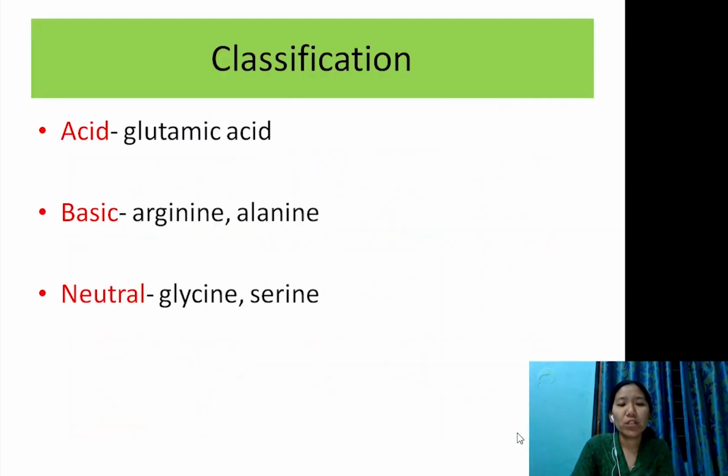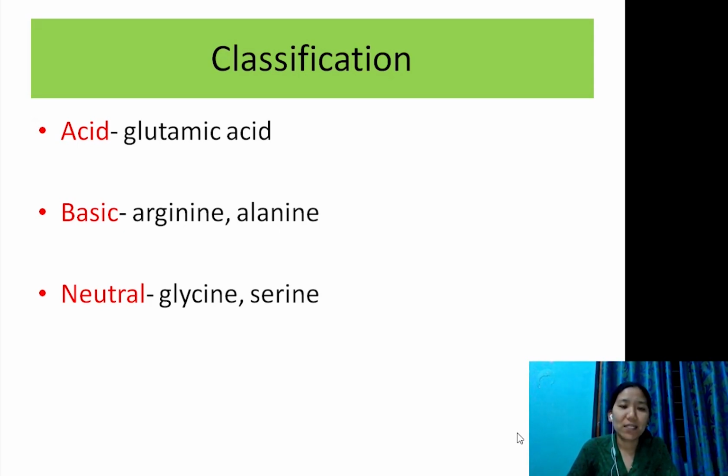Now, talking about its classification, the amino acids are classified based on the number of amino groups and the number of carboxyl groups. So this classification is on the basis of the number of functional groups, that is amino group or carboxyl group. Depending upon that, we have acidic, basic, and neutral amino acids.